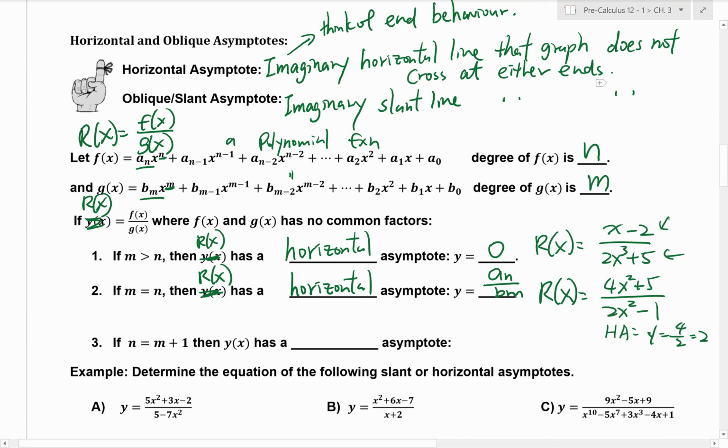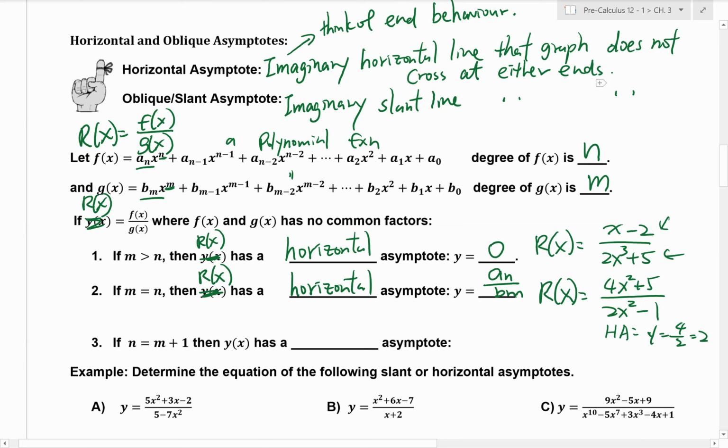And this also makes sense because if x is huge, let's say x is a million, 4 times a million squared is a big number, okay? So plus 5 really means nothing compared to that huge number. When you divide that by 2 times a million squared, again a big number, minus 1 again really means nothing.